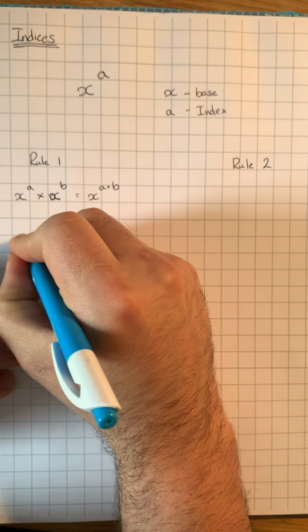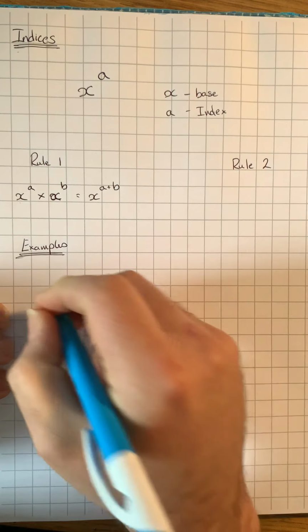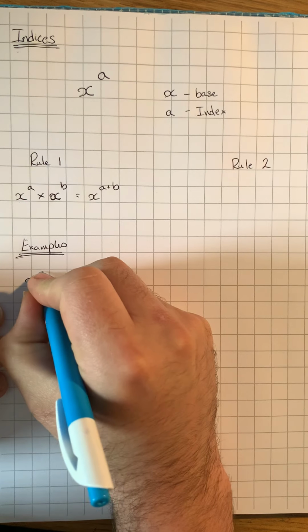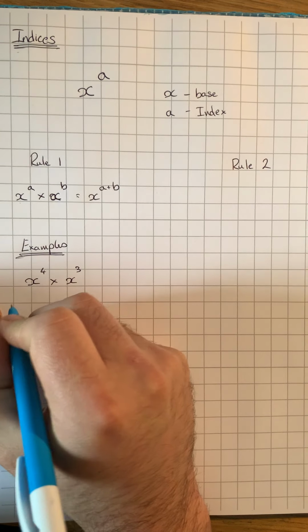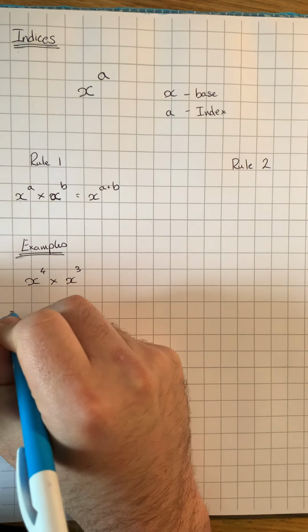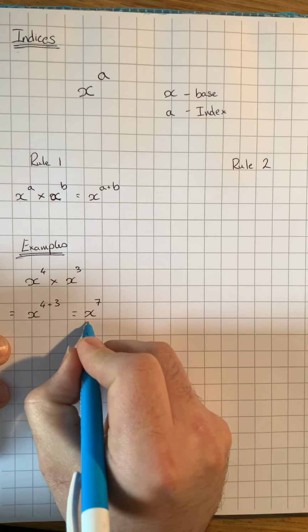A couple of quick examples of this. Let's say we have x to the 4 times by x to the 3. That basically just means x to the power of 4 plus 3, so we'd get x to the 7.